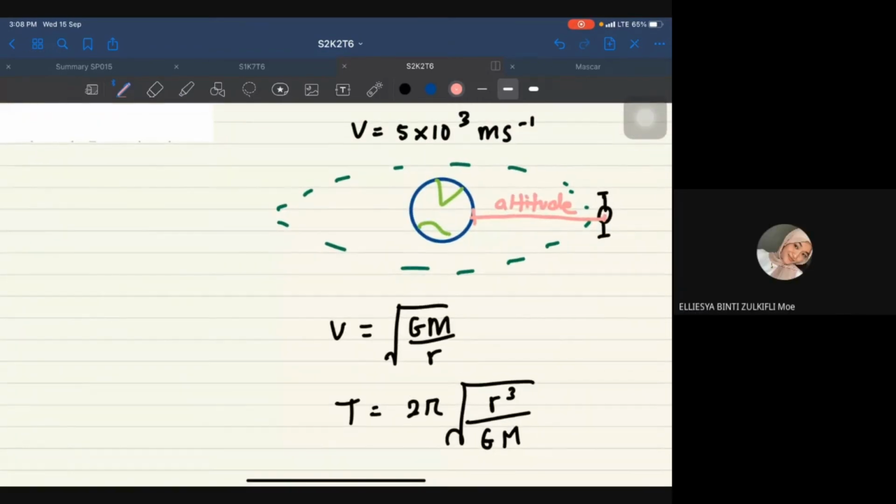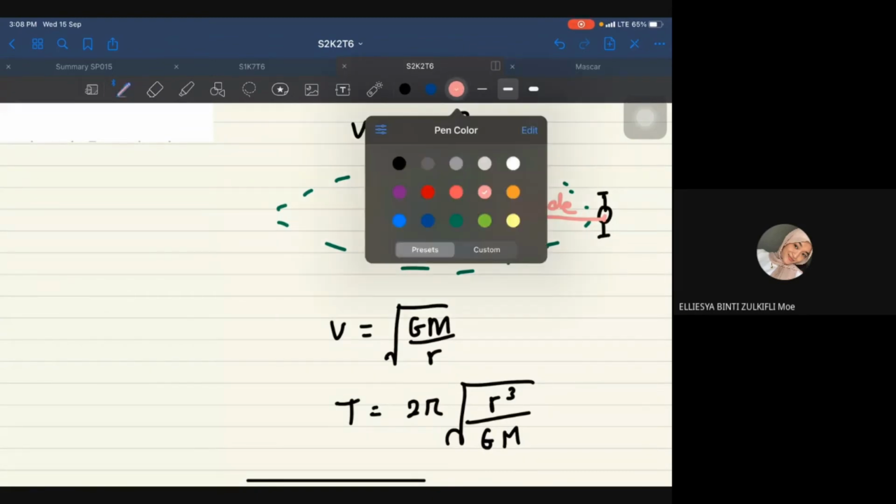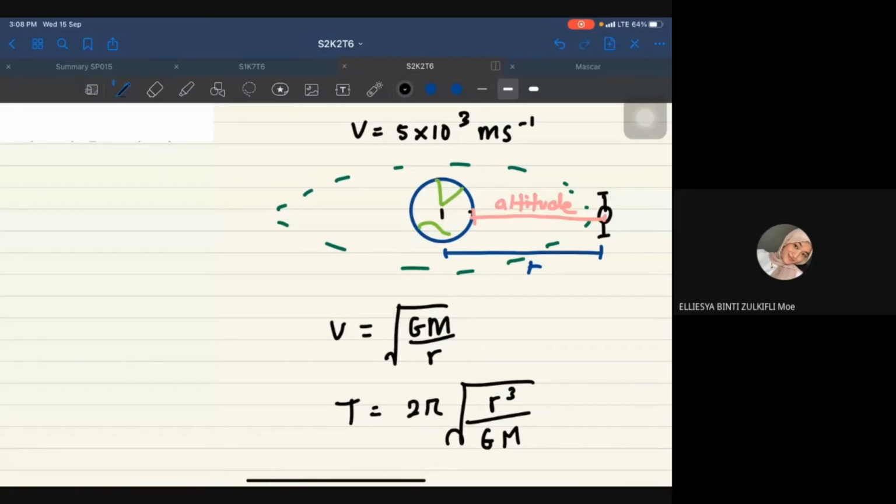Okay, so kalau kamu kira and let's say you get the R tu actually represent this distance. Okay, so once kamu dapat R tu, basically you can minus or deduct with R of the Earth and you should get the answer.